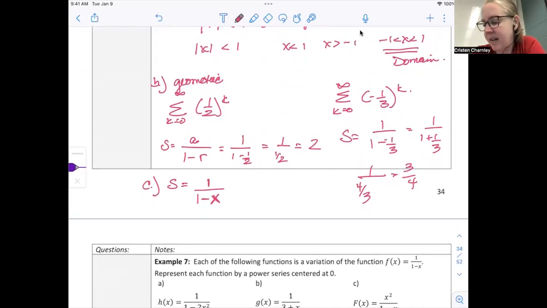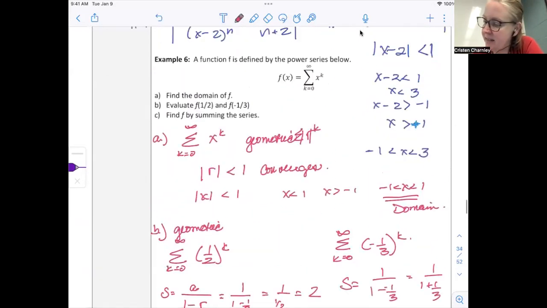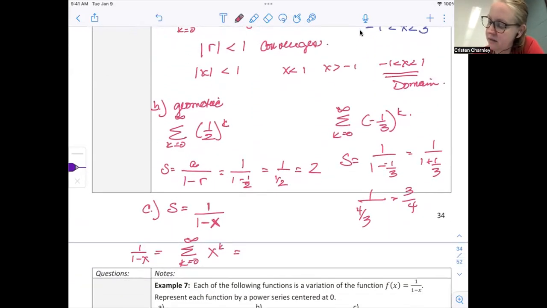So now what I'm saying is 1 over 1 minus x is the exact same thing as the power series, which would be the exact same thing as x to the 0 plus x to the first plus x to the second plus x to the third plus x to the fourth, and so on. Got stuck there for a second.